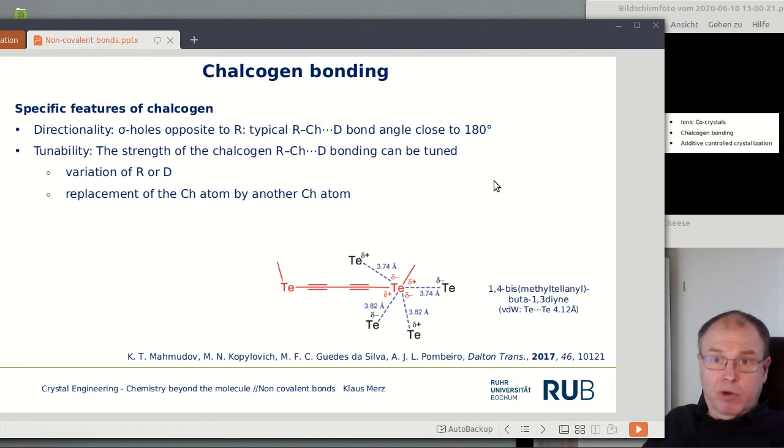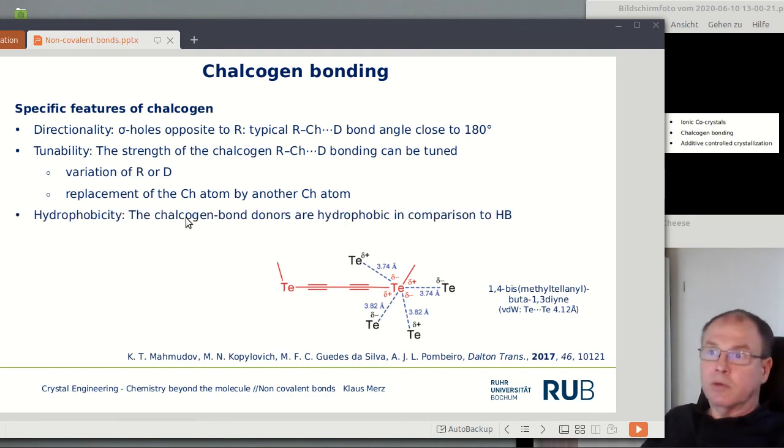This type of bonding, these intermolecular interactions, is tunable by the donor substituents or by substitution of a chalcogen atom by, for example, a heavier atom in this group.